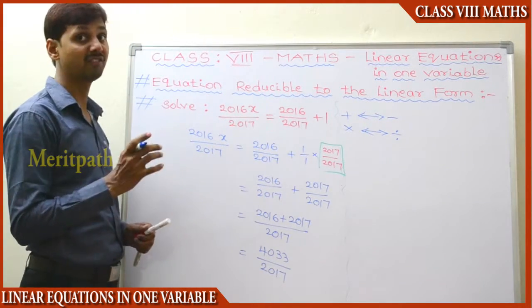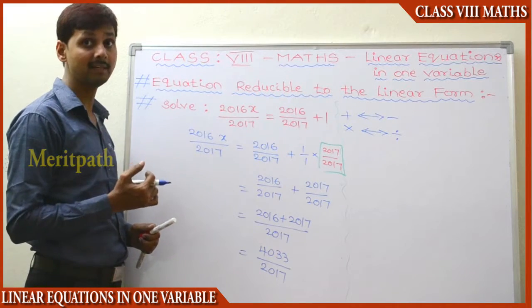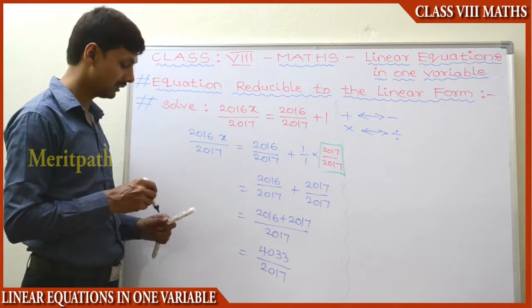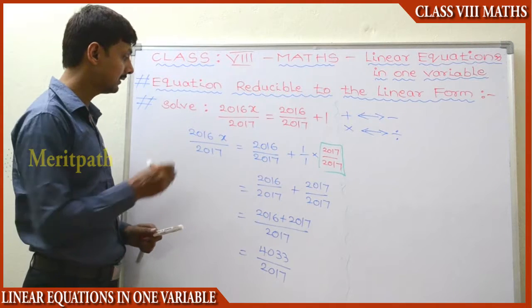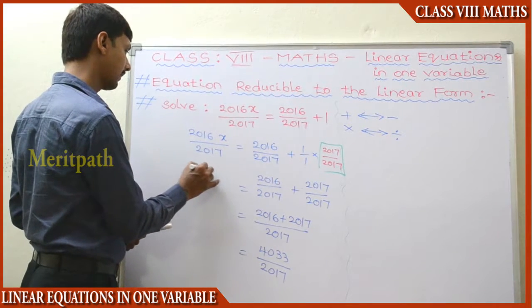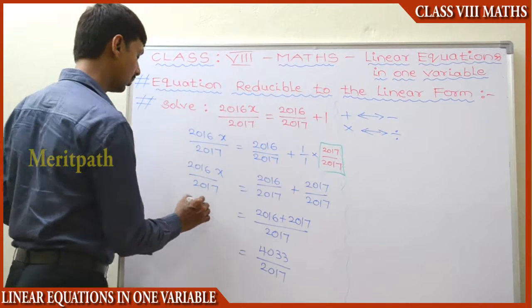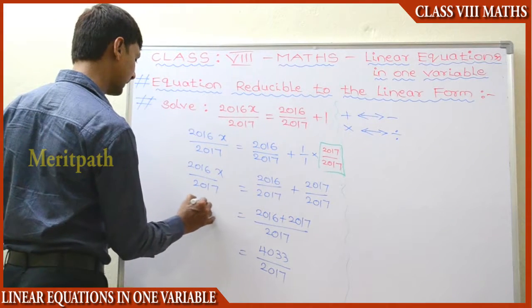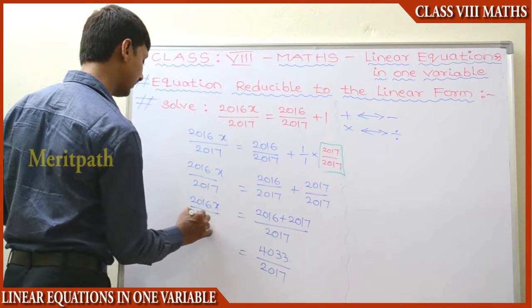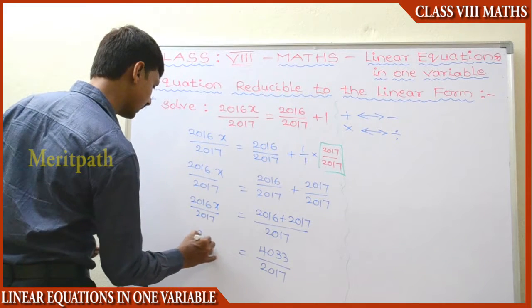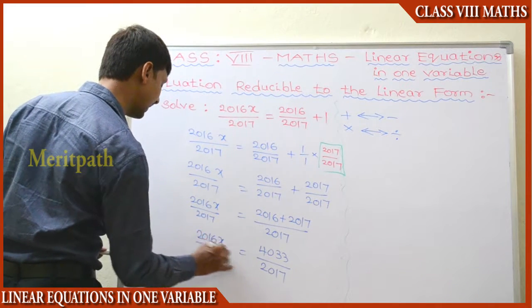So this is the part we have simplified on the right hand side of the equation. So let's take the left hand side part, that is 2016x by 2017. So let's write the same thing, 2016x divided by 2017.